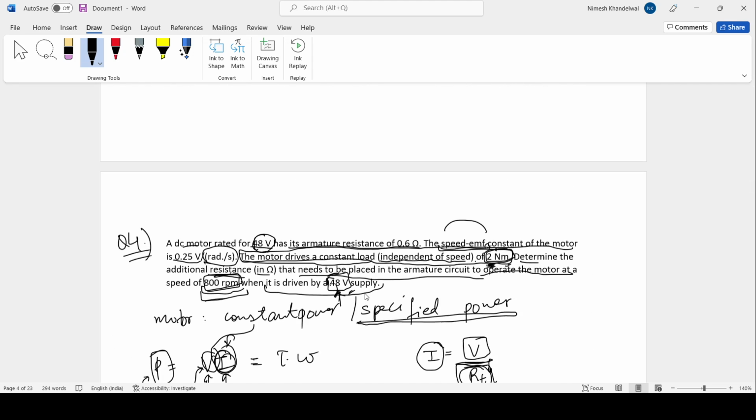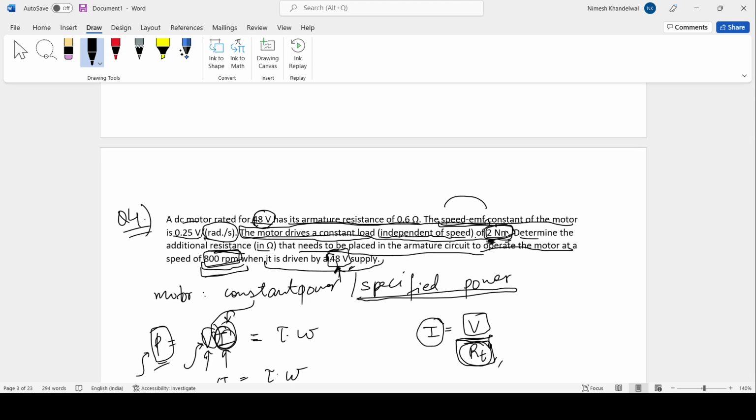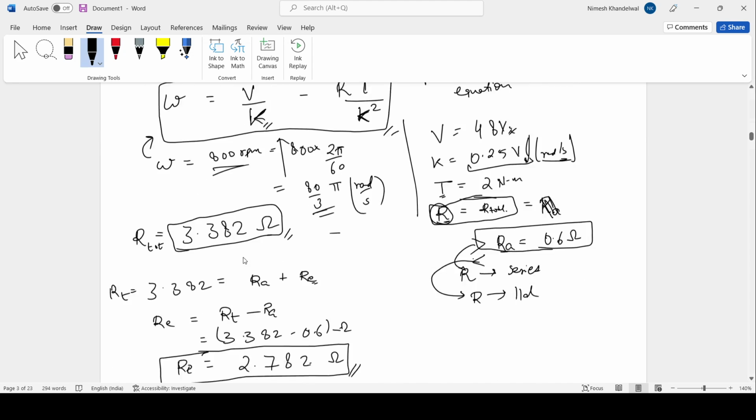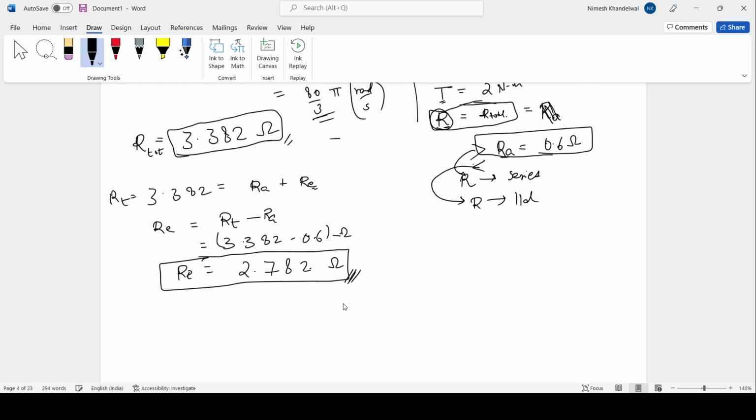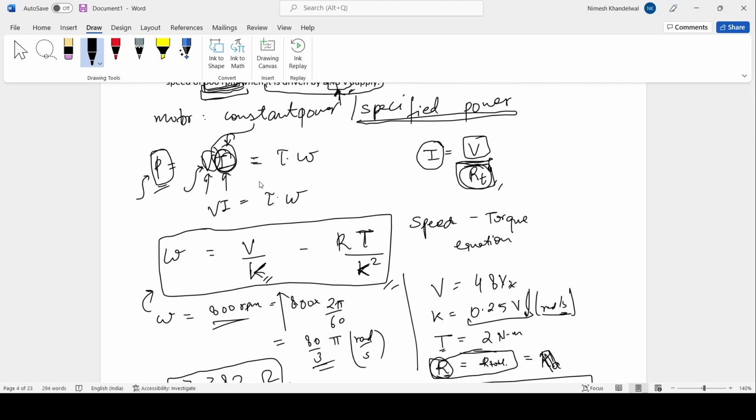to satisfy these conditions. What are the conditions? To support a load of 2 Newton meters at an RPM of 800. To maintain this RPM of 800, I need to add this much resistance. As I explained previously also, what we are trying to do here is match the power of the motor to the power required at the load end.